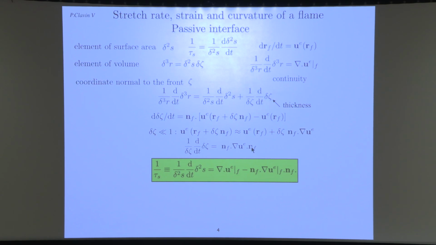This is a scalar. Thanks to the continuity, you know what is going to be the rate of change of the volume, and you obtain from the stretch rate this equation, two terms. One coming from the divergence of the flow, and one coming from what is called the stretch rate, on the right-hand side, which is due to the gradient of the flow velocity in the normal direction.